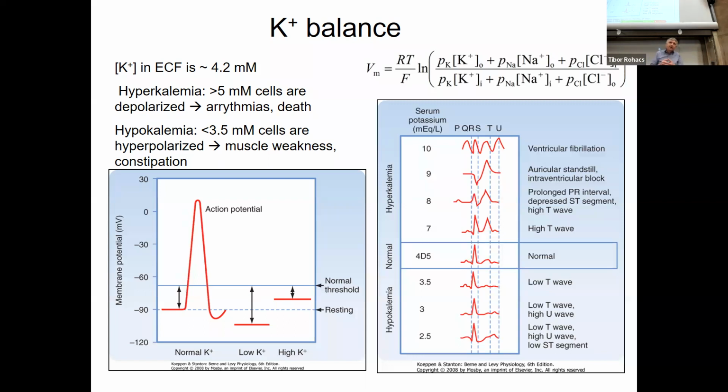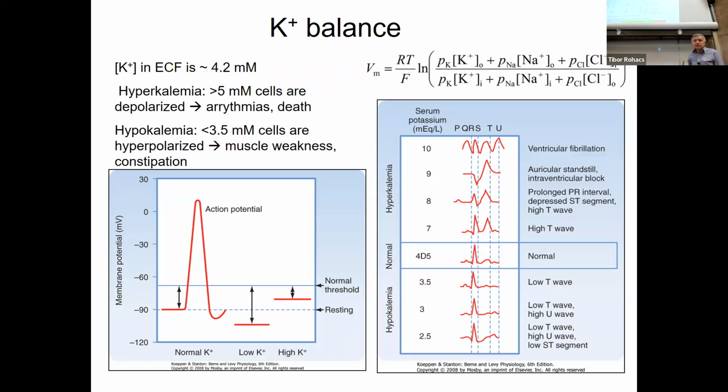The organ where it causes the most trouble is your heart. Your heart has to beat. It can't stop. This slide on the right just shows you EKG signals at different potassium levels. You don't have to worry about the details of this in the kidney physiology lecture, but you can see that especially if you get very depolarized or very high potassium, you can get ventricular fibrillation because the increased resting membrane potential just simply messes up the electrical signal generation in the heart.